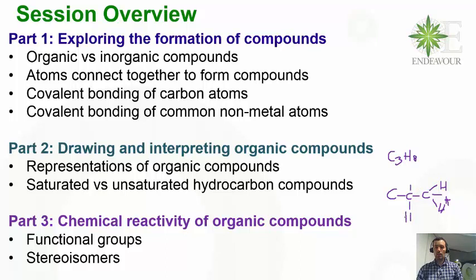But basically, it comes down to how many covalent bonds each atom has to form. And as we've seen from earlier lectures, carbon always needs to form 4 covalent bonds and hydrogen 1 to allow the outer shell or valence shell to be full.